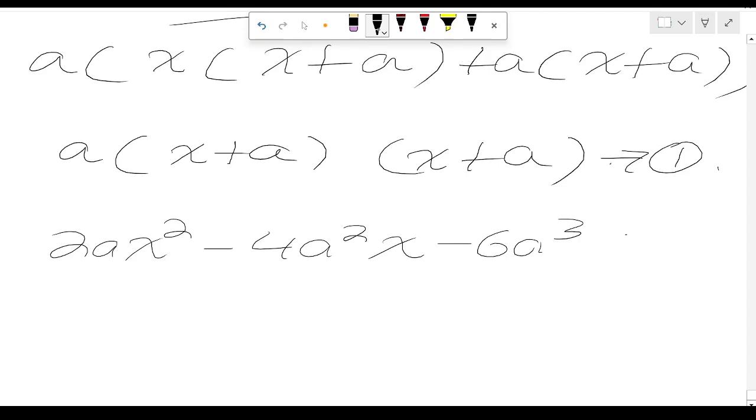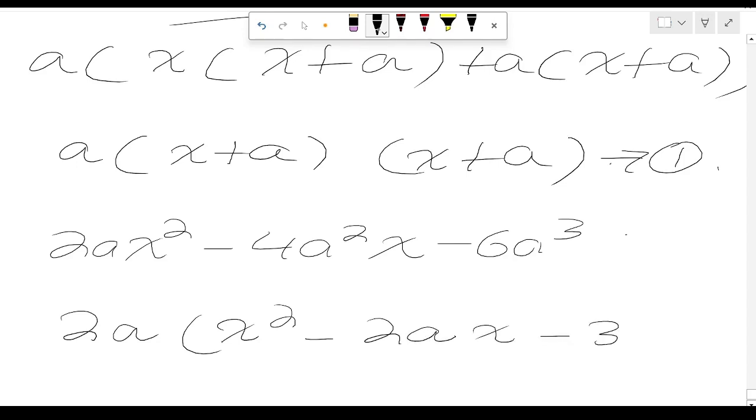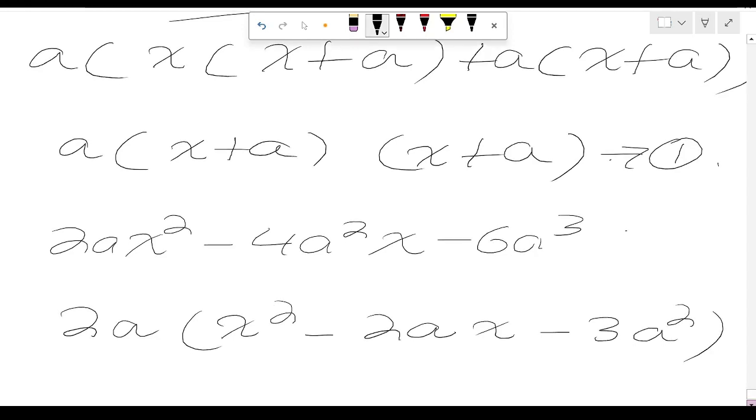First we can see that 2 can be divided throughout, so we'll take 2 as common, and then we have a and a, so we'll pick a. So 2a bracket, and then I'll write x square minus 2ax subtracted from 3a square. So this is our quadratic equation.